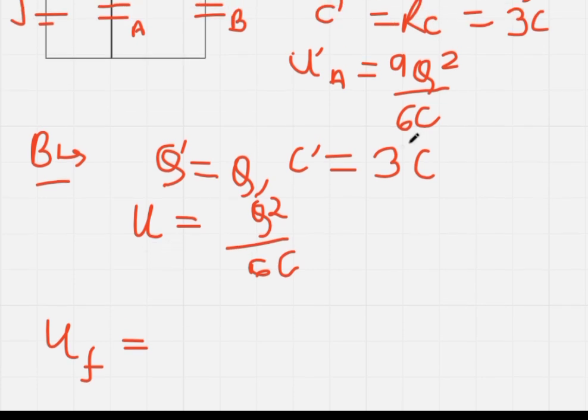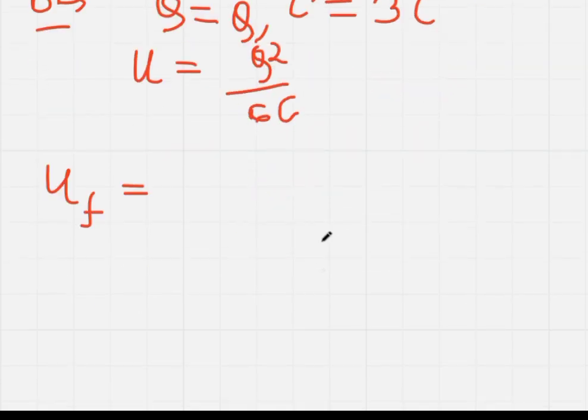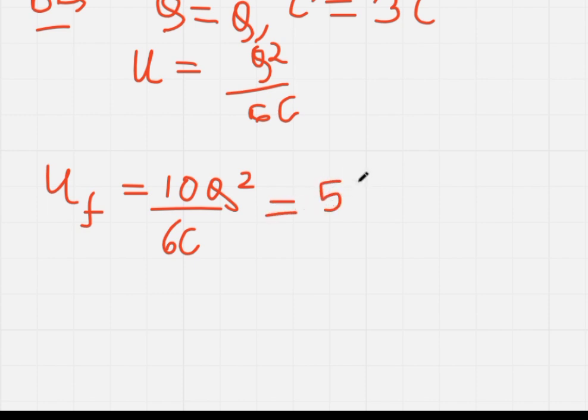This was 9Q square by 6C, this is Q square by 6C. So it will be 10Q square by 6C, which will be equal to 5Q square by 3C.